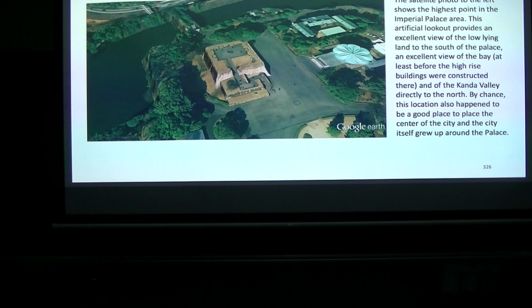Fantastic natural location, with a tremendous view near the coast, near the Sumida River, all of the rivers, so you can build the moats around. Absolutely perfect place. That's why the center of the city started in that location.